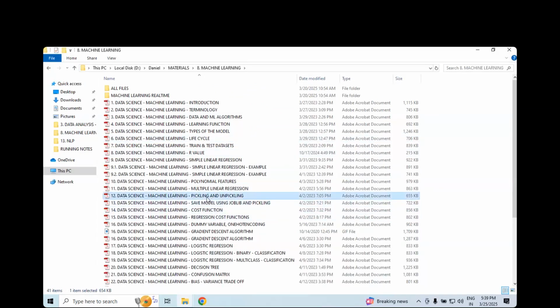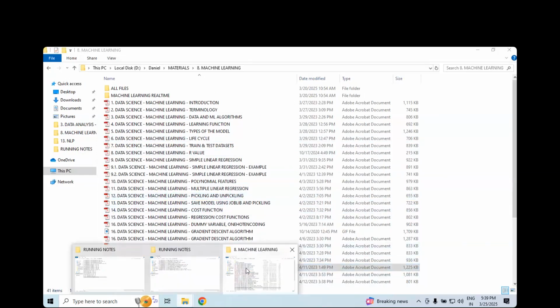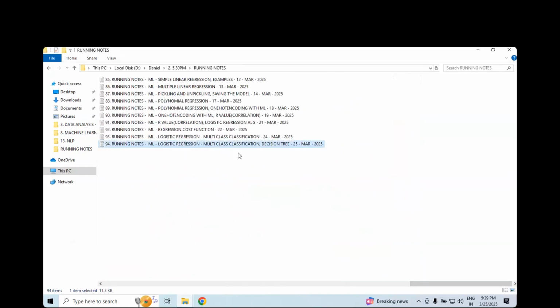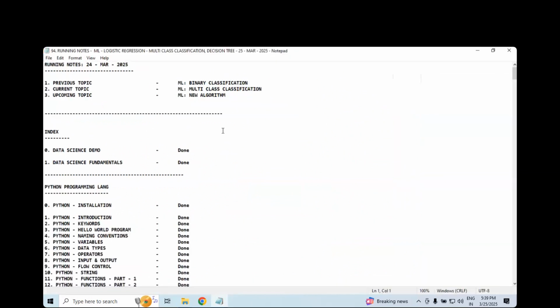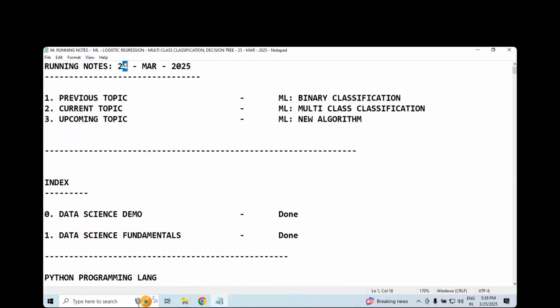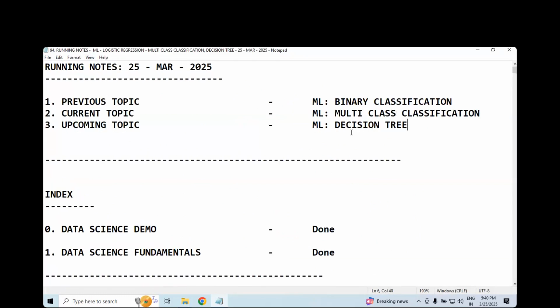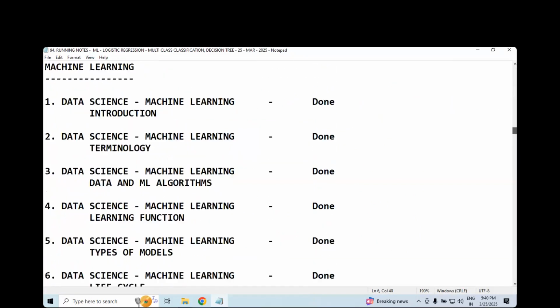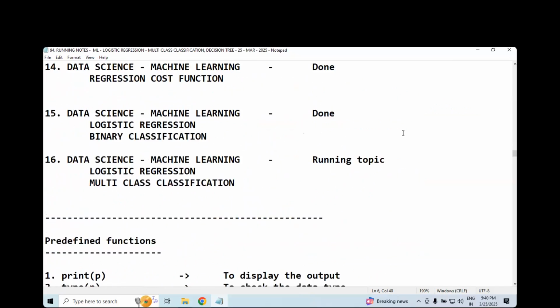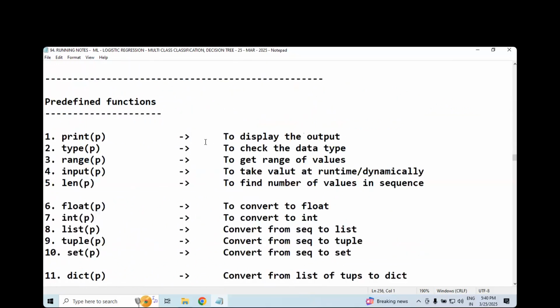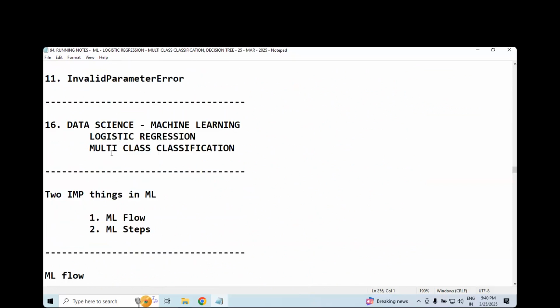Pickling, are we done? Yeah. Oh, yesterday we already started.